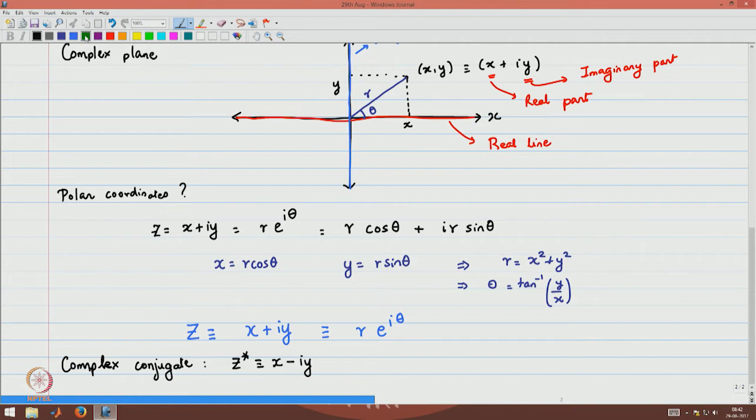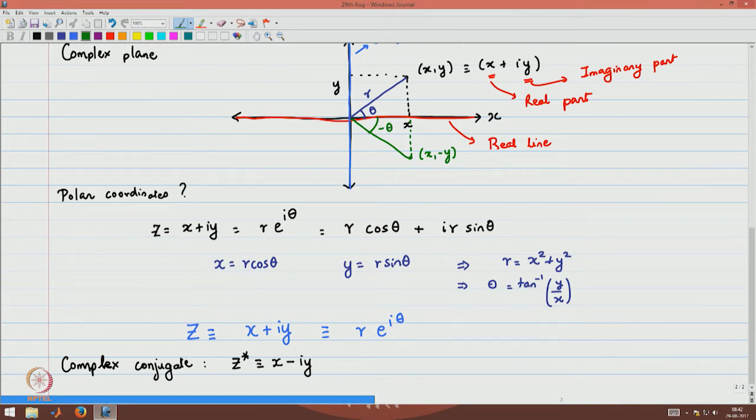If you have a complex variable x y, then this point where you have x minus y is the complex conjugate, and you can see that the angle is minus theta.